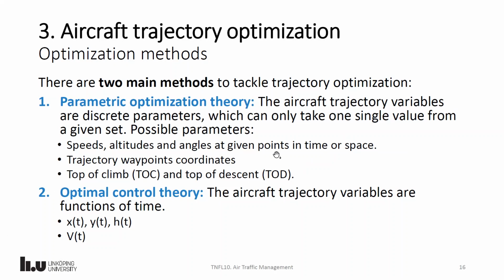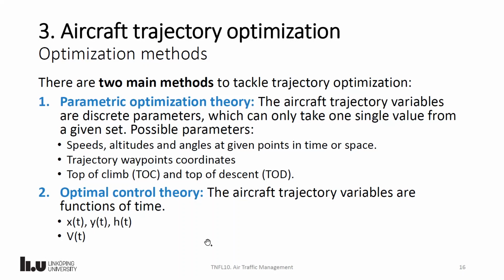For example, some parameters that you can use are the speeds, the altitudes of the waypoints of the trajectory, the angles at given points in both time and space. You can also use the trajectory waypoint coordinates, or the top of climb and top of descent. So just take given variables that describe the trajectory of the aircraft, and those are going to be your decision variables.